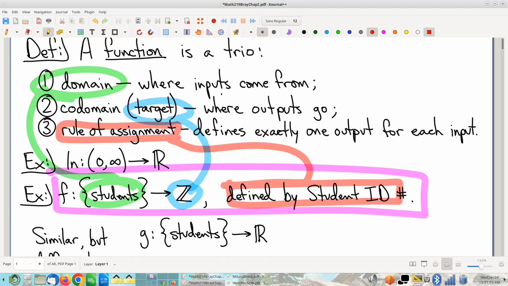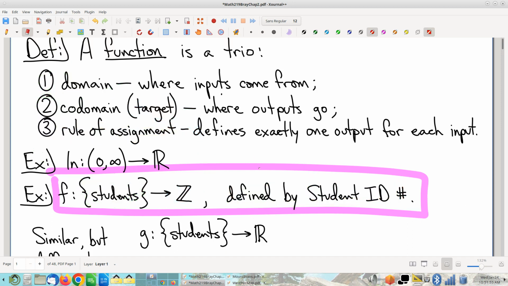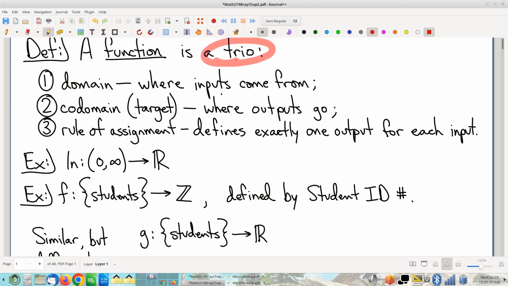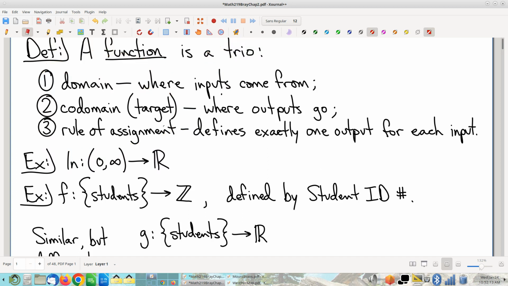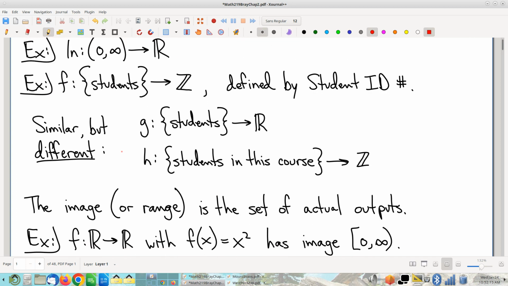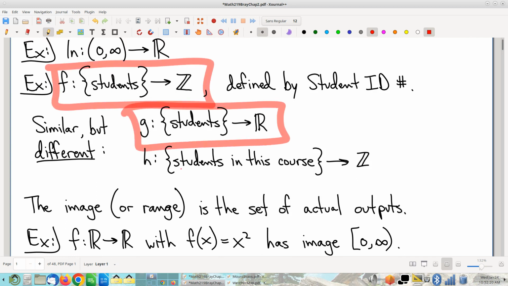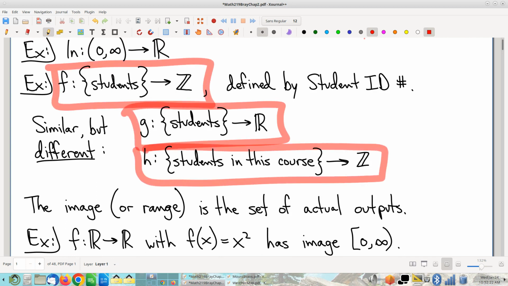All right, now just to emphasize how important this is, that a function is a trio. A function is all three of these things. A function is not just, well, a formula and then the domain and the target, whatever, who cares? It doesn't make any difference, right? That absolutely does. As follows. It may seem like fussy silliness, but these three functions right here are different functions, even though they all have the same rule of assignment, right?